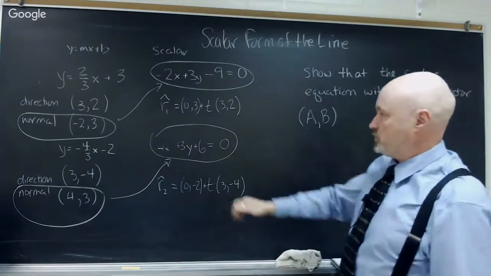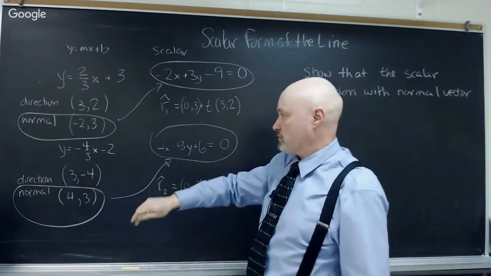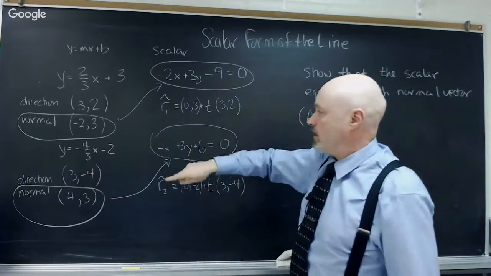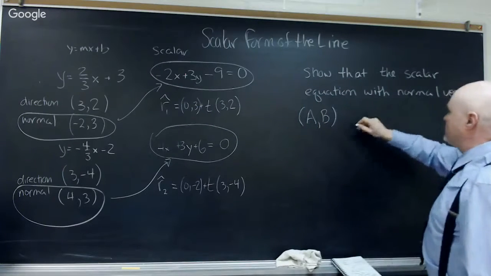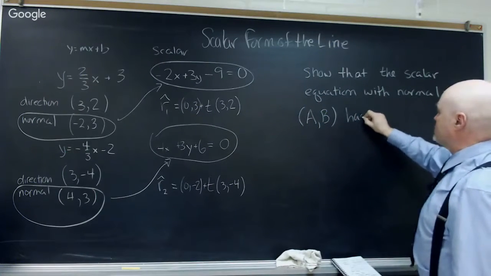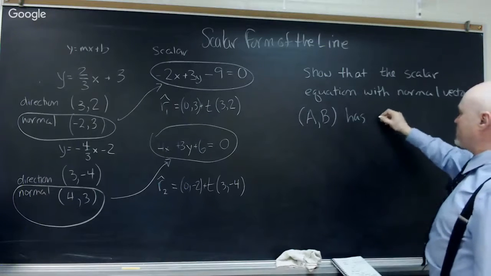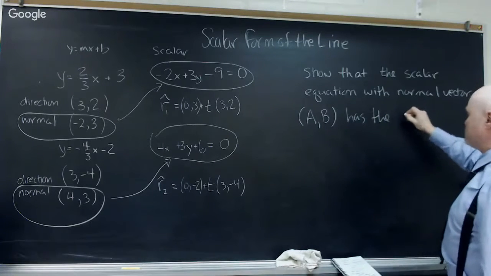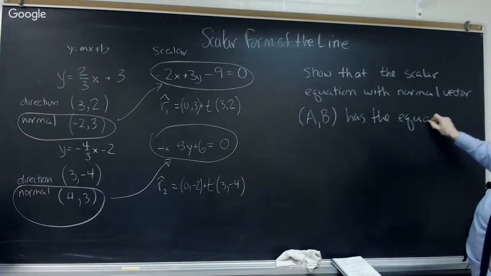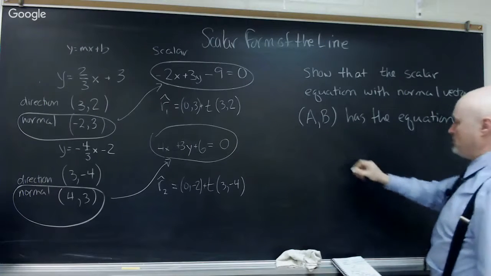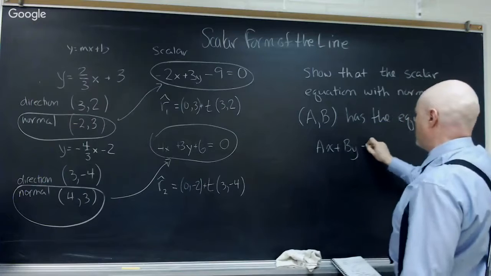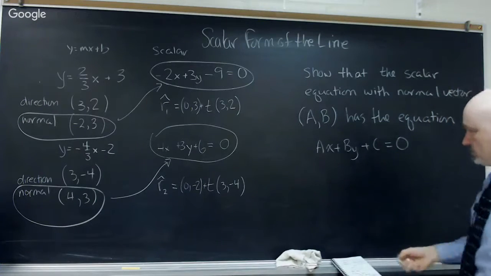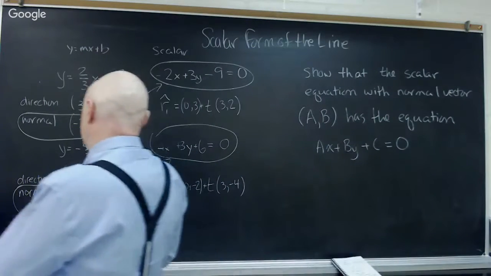We're generalizing this result over here, where we see the normal vector's x and y components show up as my coefficients. So if it has a normal vector AB, it has the equation in general form ax plus by plus c equals 0, where c is some constant.